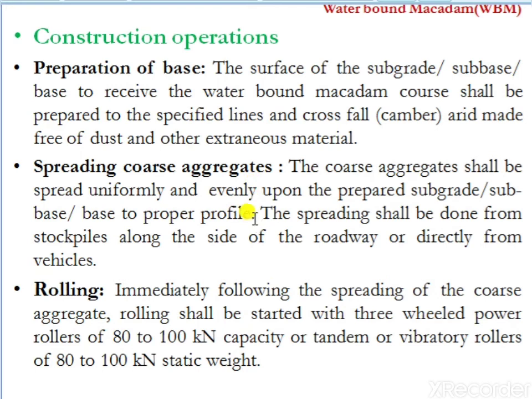So after preparing the base or a subbase or a subgrade, the second step is spreading coarse aggregates. The coarse aggregates shall be spread uniformly and evenly upon the prepared subbase or subgrade or base to proper profile. The spreading shall be done from stockpiles along the side of the roadway or directly from the vehicle.